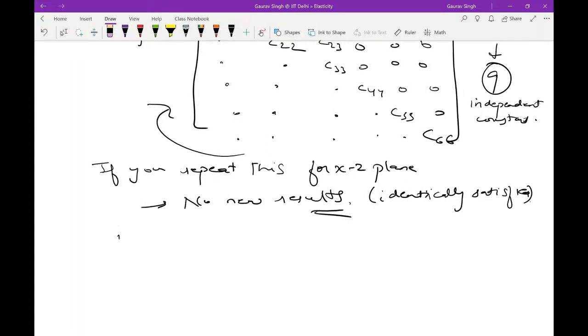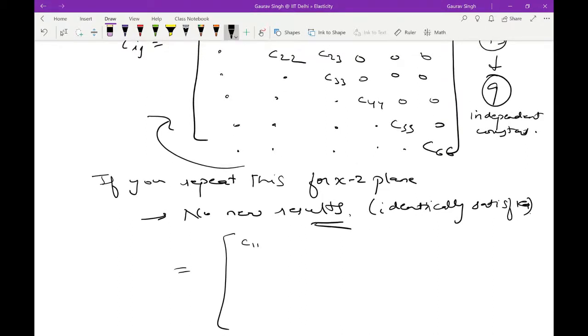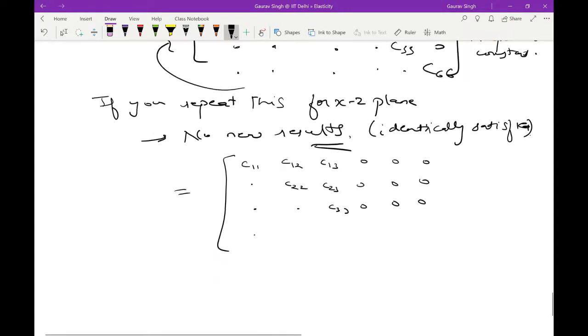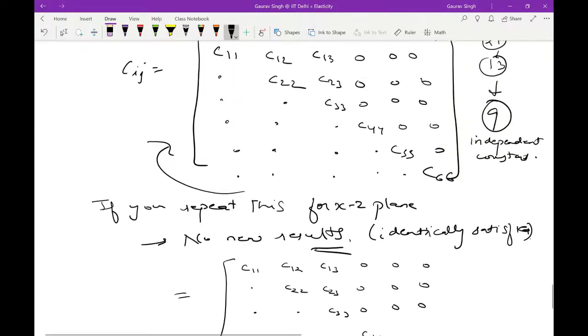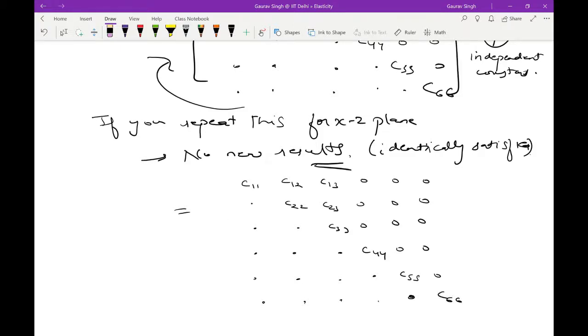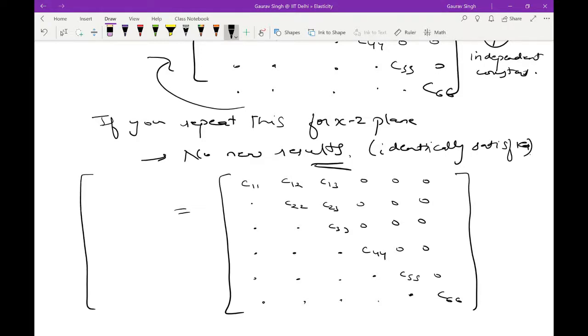Sigma 1, sorry, C11, C12, C13, 0, 0, 0, C22, C23, 0, 0, 0, C33, 0, 0, 0, C44, 0, 0, C55, 0, and because the dots are basically the symmetric terms, so not independent.